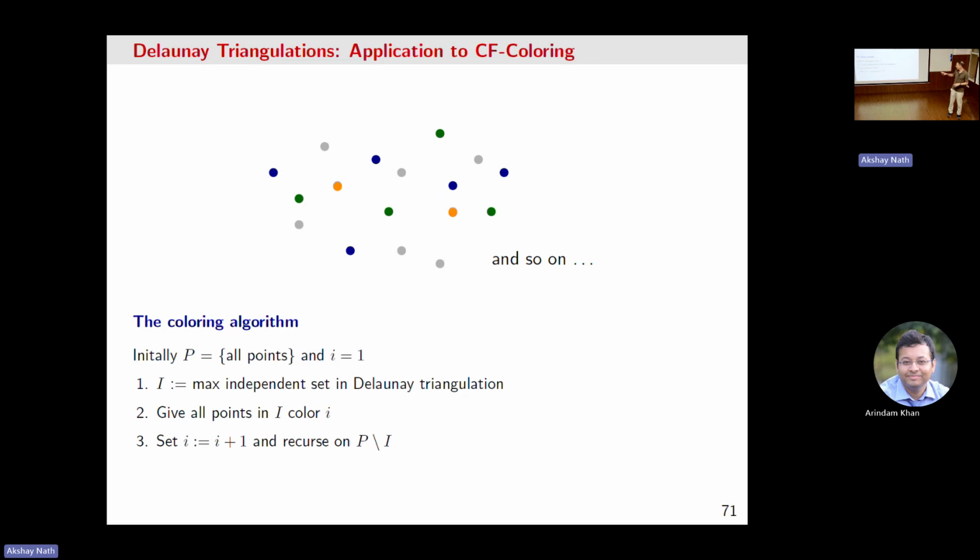Yeah, I mean, the Delauney triangulation is a planar graph, so with the 4-color theorem, you can color it with 4 colors. That coloring is a different coloring. So if you take the largest color class, that's at least a quarter of the points.